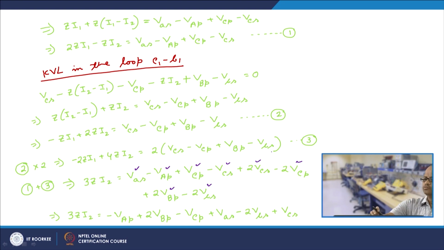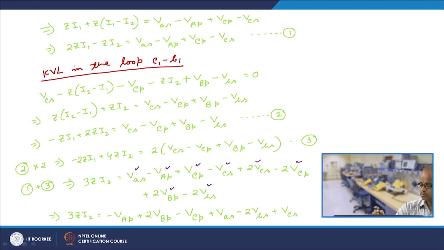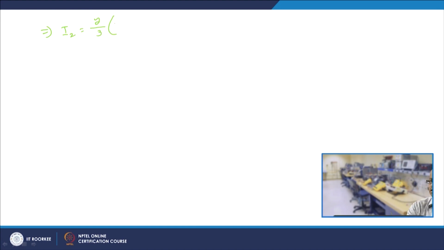So then therefore I2 is equal to Y by 3 into, what is Y by 3? Y by 3 into all the minus VAP plus 2 VBP minus VCP.